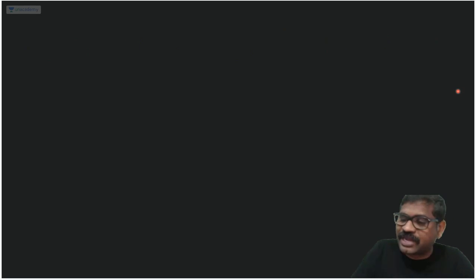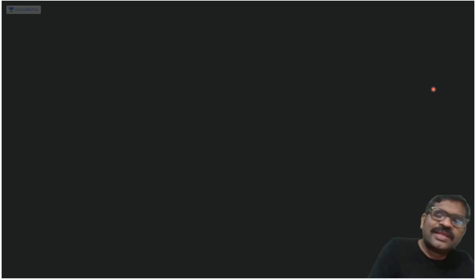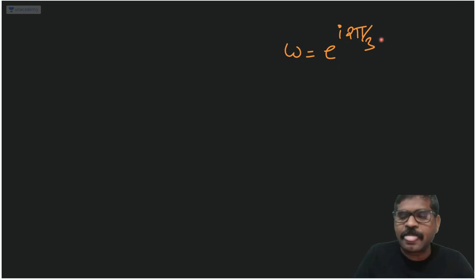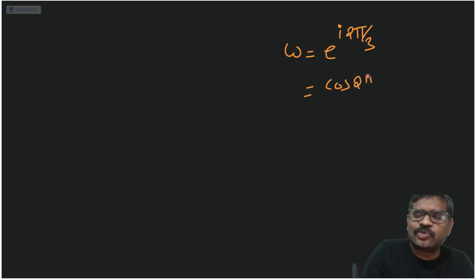Omega means e power i 2 pi by 3. That is called omega, cube root of unity. e power i 2 pi by 3 is nothing but cos 2 pi by 3 plus i sin 2 pi by 3.